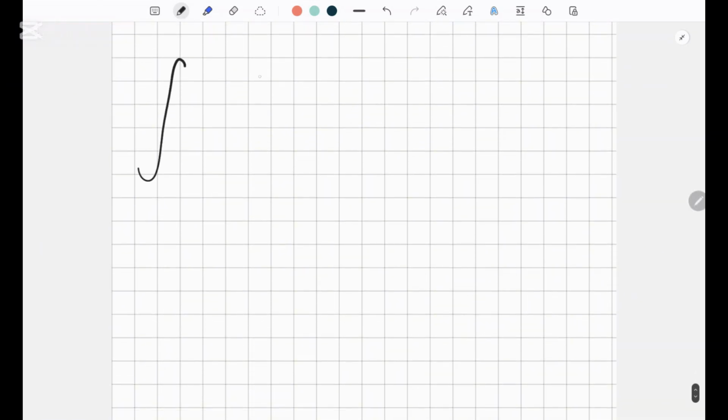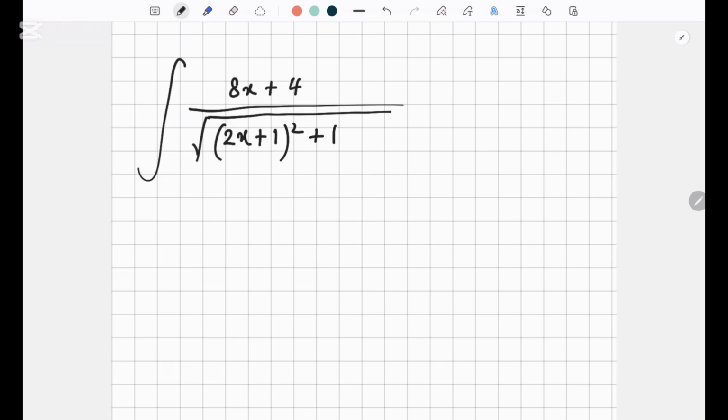So we have 8x + 4 over, and instead of writing the quadratic, you can write (2x + 1)² plus 16. We'll take 4 out from the numerator, so you have 2x + 1.